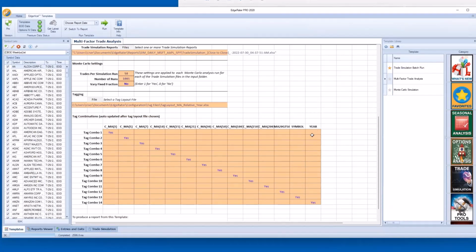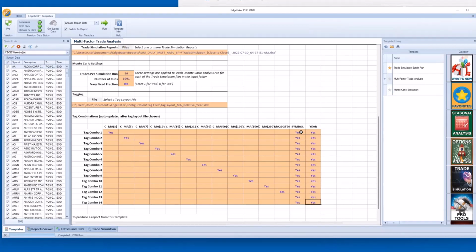Now, I don't want to run that as is, because it's just going to then break down all of the bars by essentially that symbol and all of the bars in a particular year. What I want to do is, watch this, I'll just put a 1 in each of these areas and in these areas too.